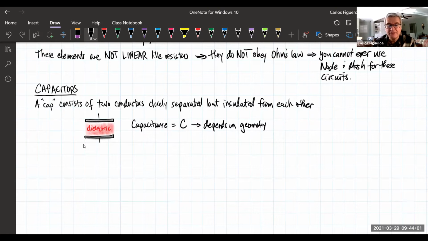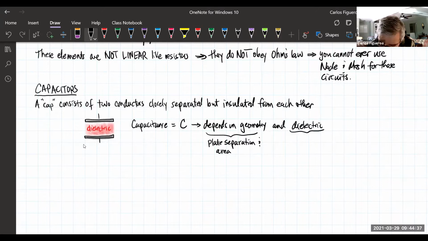I could have parallel plates, spherical, cylindrical, or some other complicated shape. So it depends on geometry, which typically means plate separation and area. Those are typically the two parameters. It depends on geometry and the dielectric.